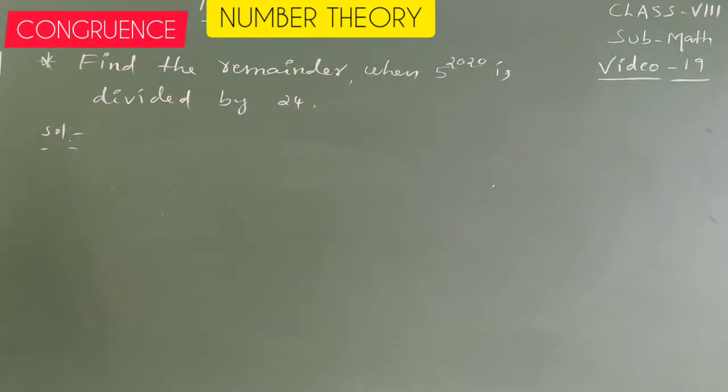Now find the remainder when 5 power 2020 is divided by 24.